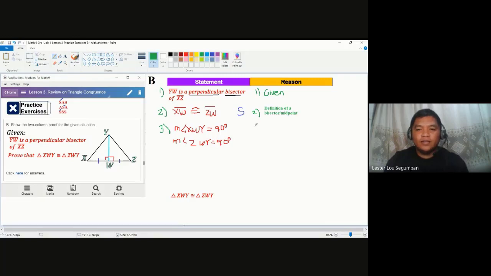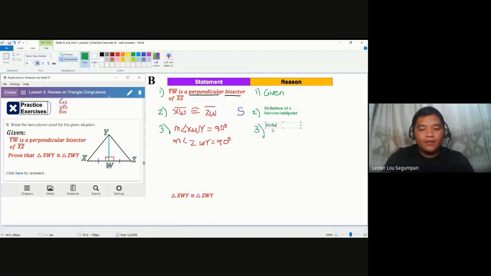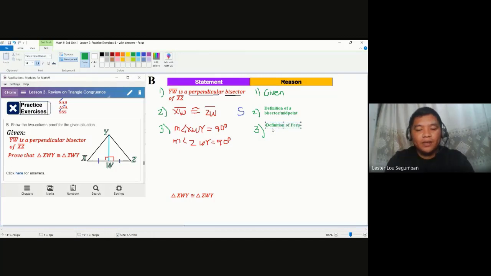The reason for this is the definition of perpendicular lines, or simply perpendicularity.